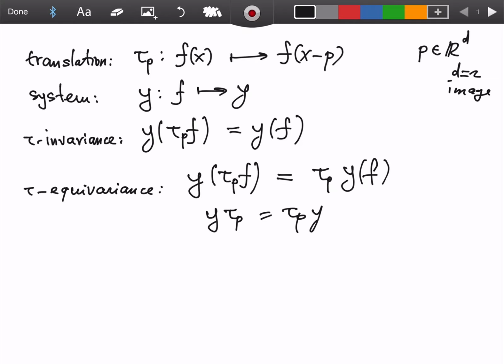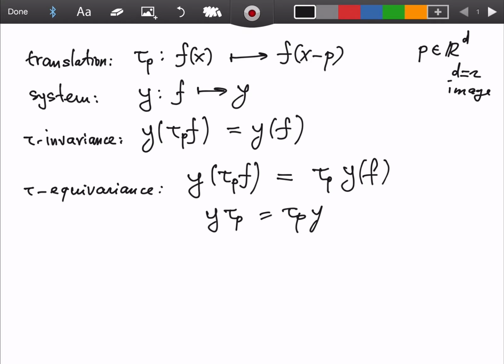So basically the building block of convolutional neural networks that we defined was a concatenation of convolutional layers. Every layer in its core has a convolution. Convolution is a linear translation equivariant system. So we first demanded that the system is linear. Linear means that it is homogeneous and additive, right?